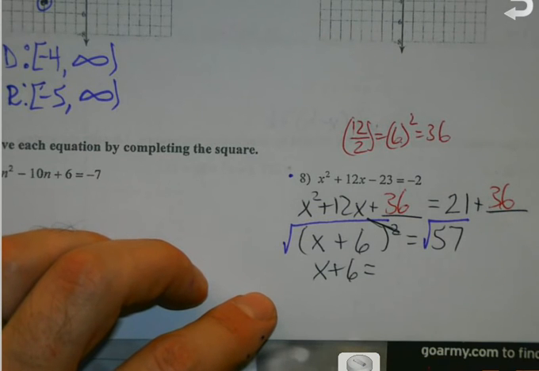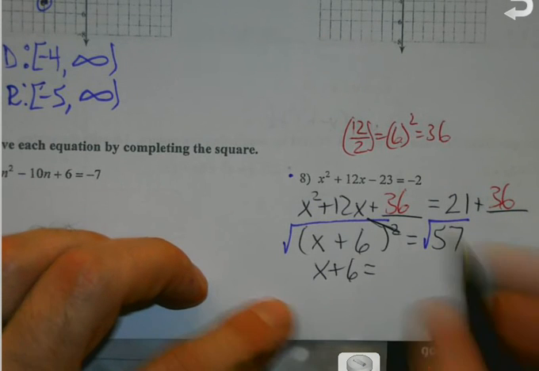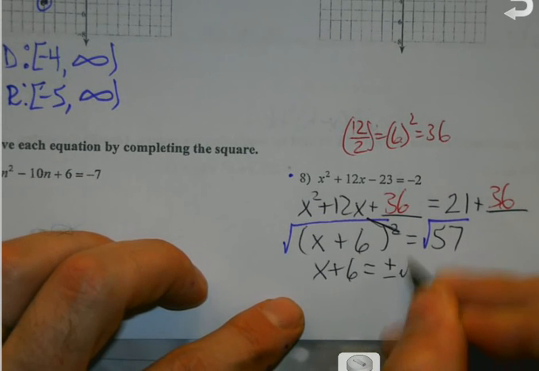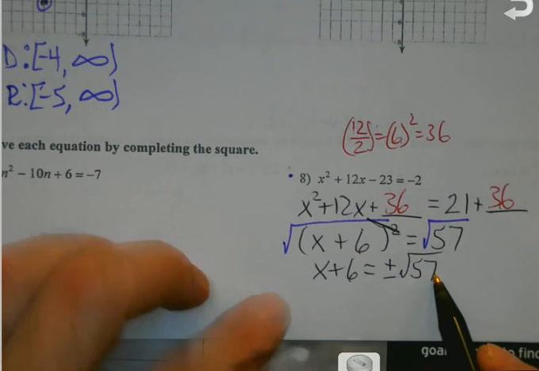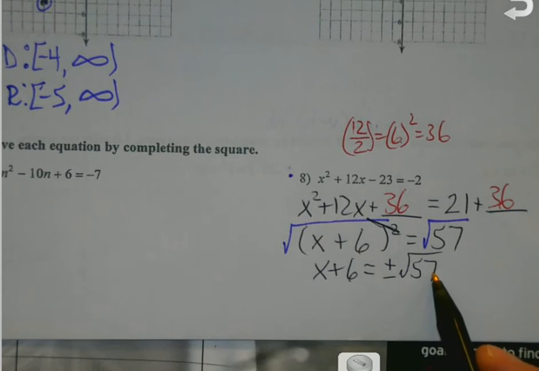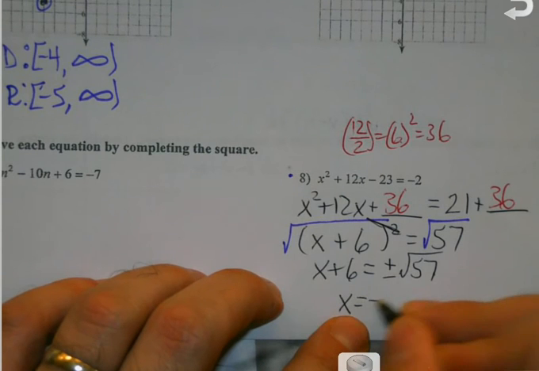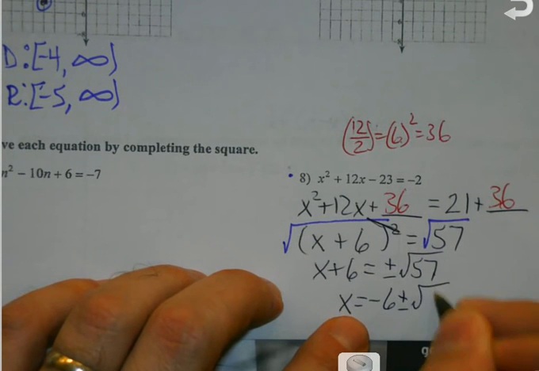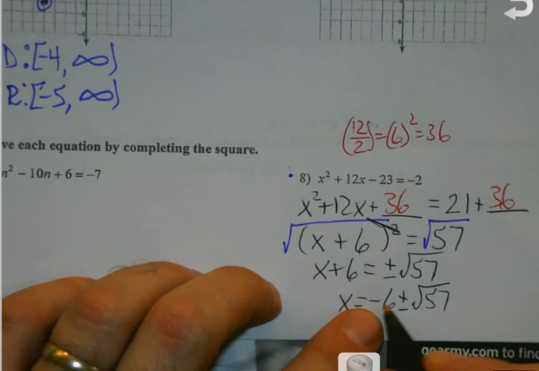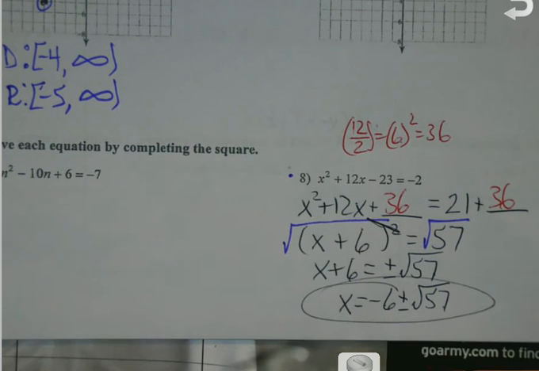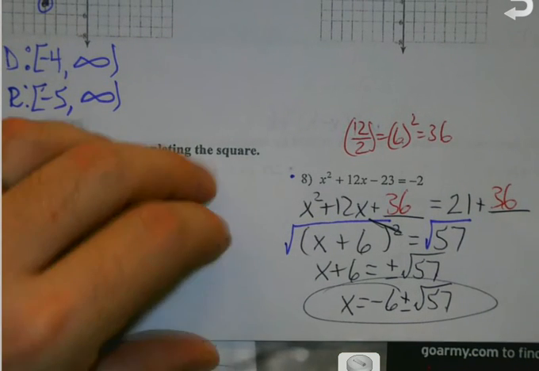Squared means there's 2 answers. Whenever I have a quadratic, I've got to remember that plus minus is part of this. And if the radical broke down I would need to, but this time it doesn't. And then I just minus my 6 over. Not underneath the radical. Okay? Not under radical, under radical. As good as I can do. Those are the type of things I've got to think about and go back with.